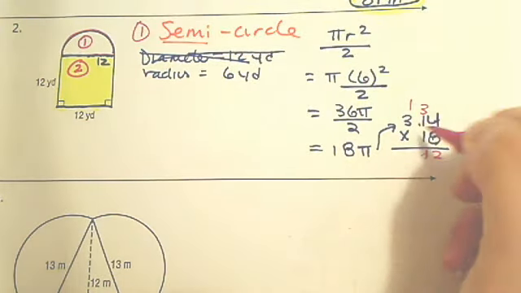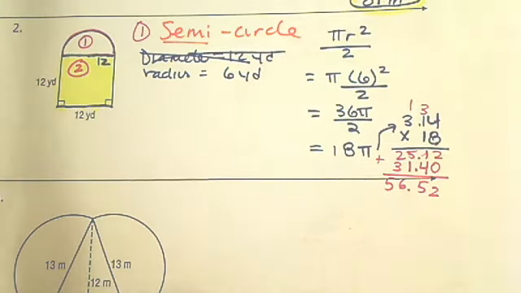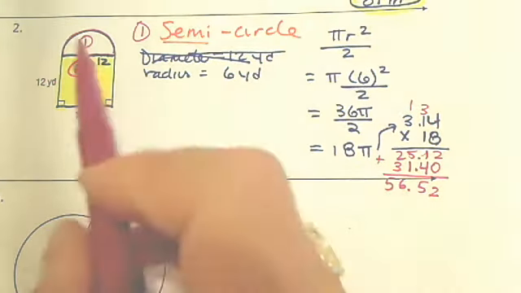Add a 0. Then 1 times 4, 1 times 1, 3 times 1. Add it down: 2, 5, 6, 5. So the area for that half circle is only 56.52.